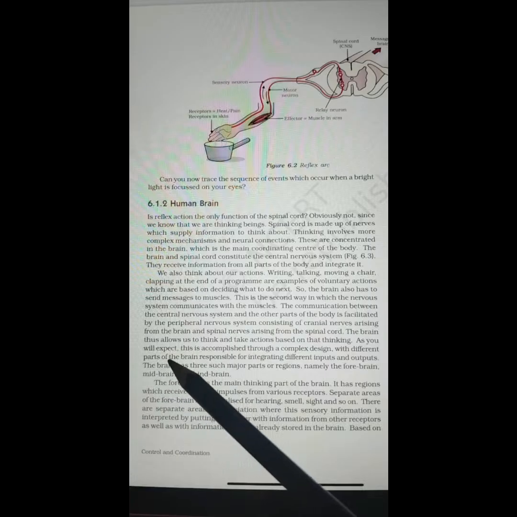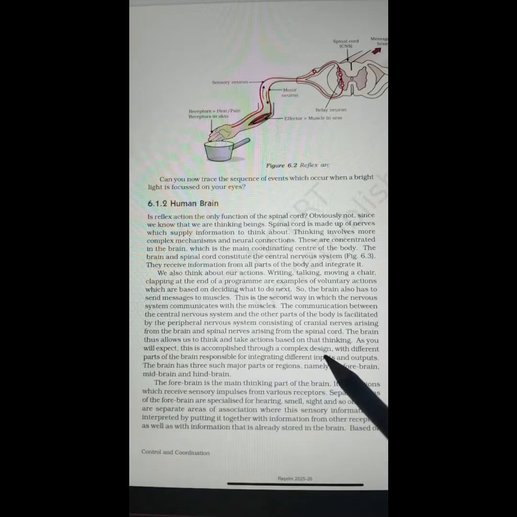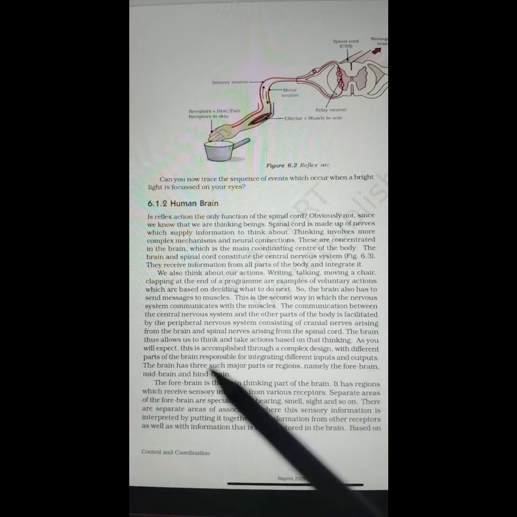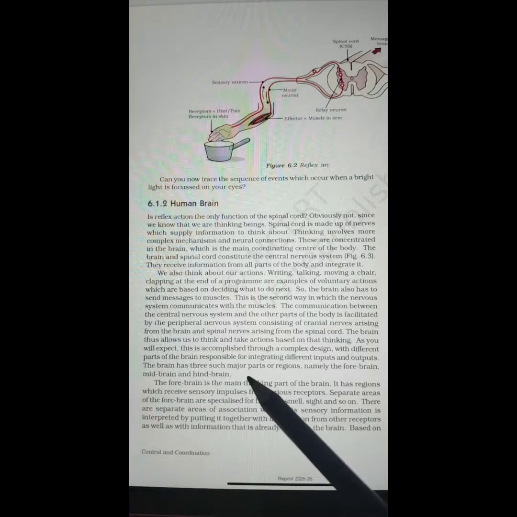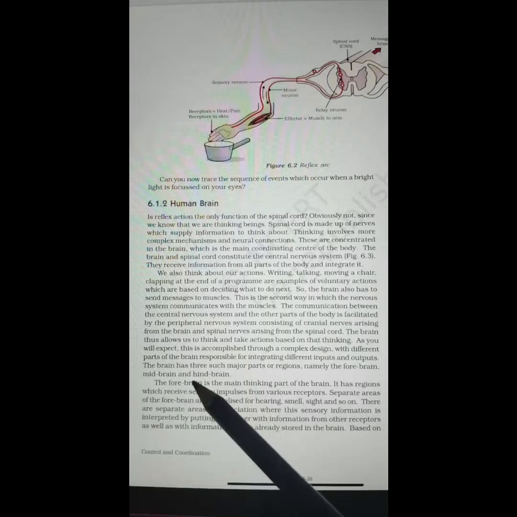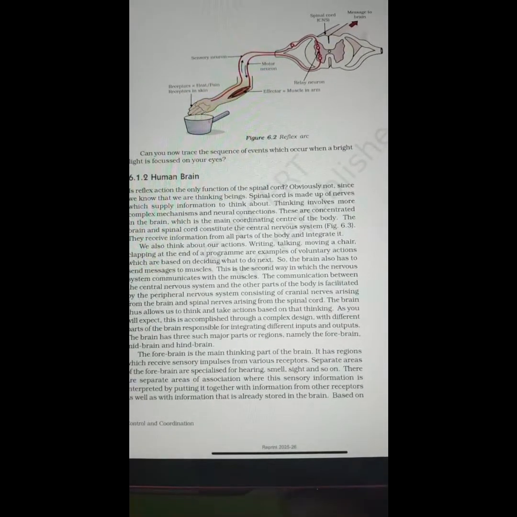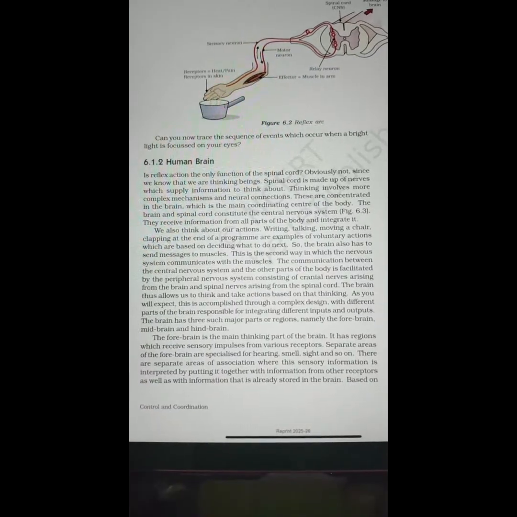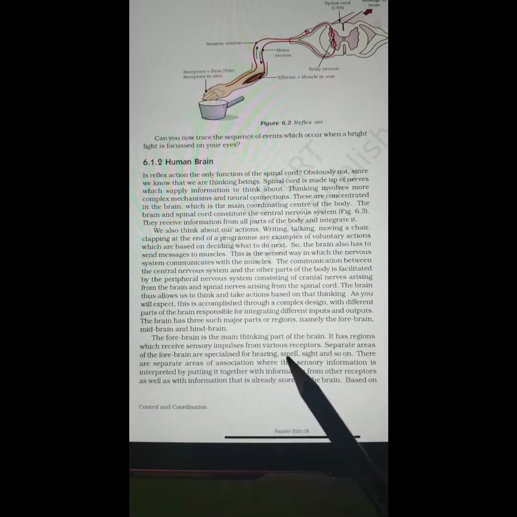As you will expect, this is accomplished through a complex design with different parts of the brain responsible for integrating different inputs and outputs. The brain has three major parts or regions, namely the forebrain, midbrain, and the hindbrain. The forebrain is the main thinking part of the brain.